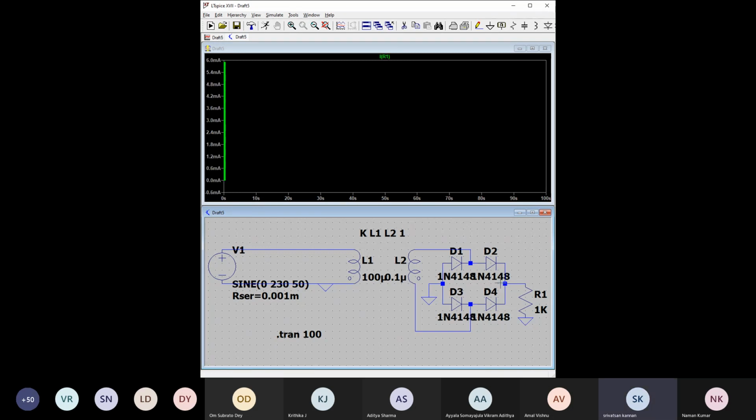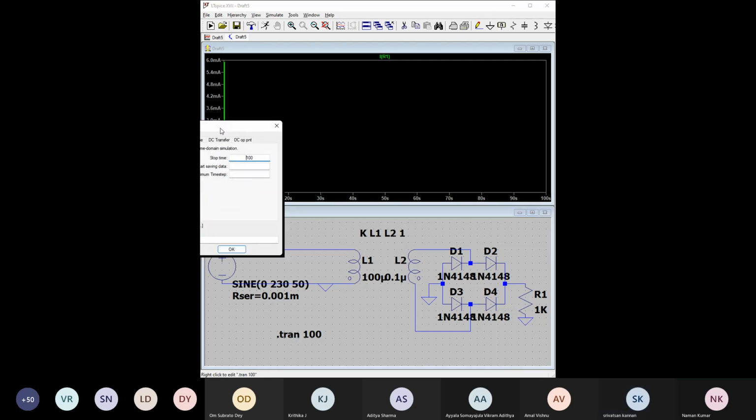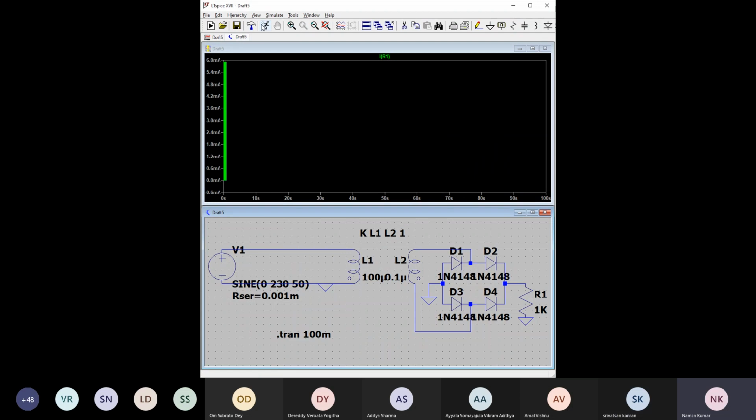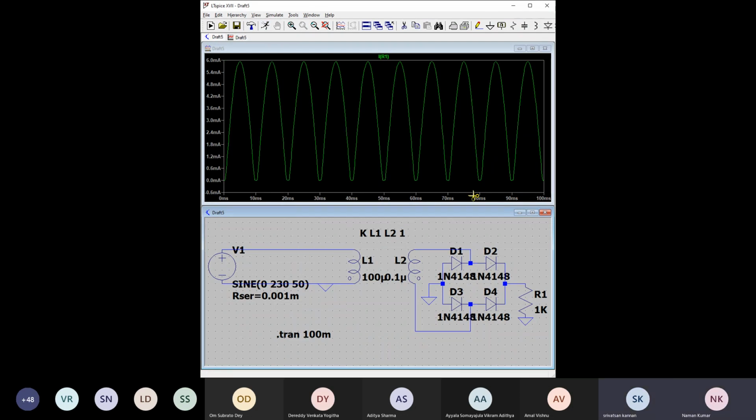Go to the simulation, edit simulation. What are the values you have given? Sir, in transient, I have given stop time 100. 100 milliseconds, sir. Yes, now it's coming. You can take the output across the resistor.